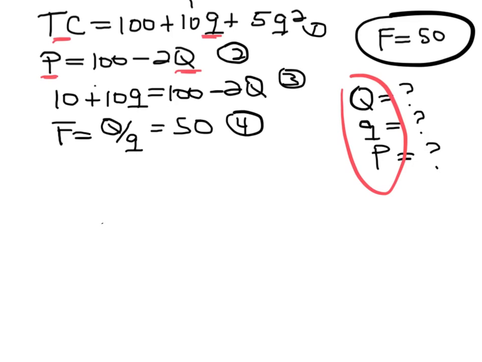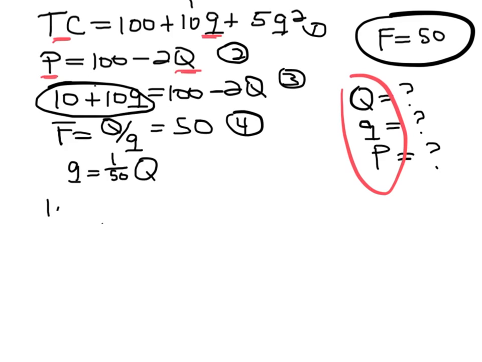So let's begin by replacing number 4 into number 3 here, right? The easiest way to do that is to solve this F equation for small q. So small q is going to be equal to 1 over 50 big Q, and now we can take this q and put it into the marginal cost equation, this one right here, right?